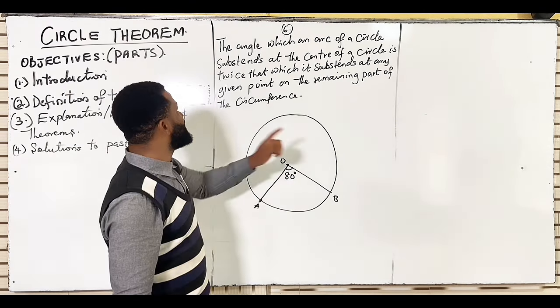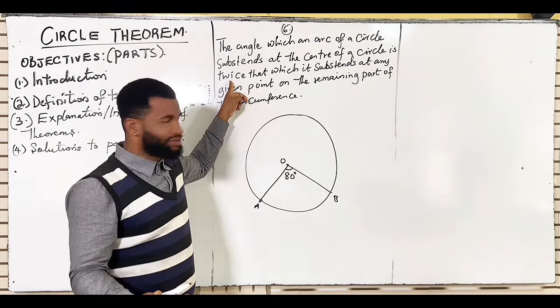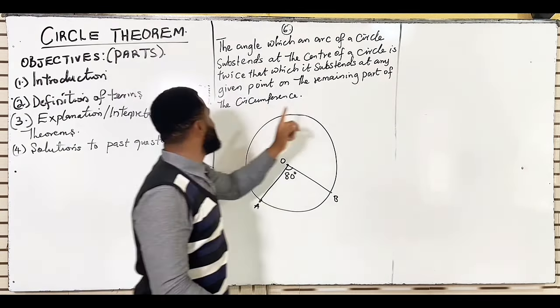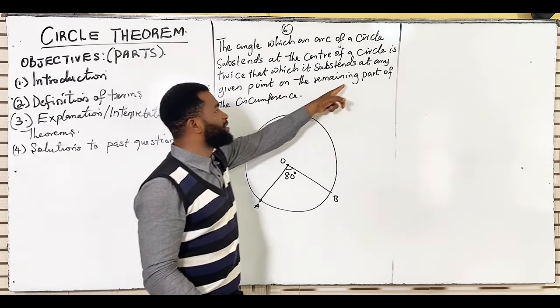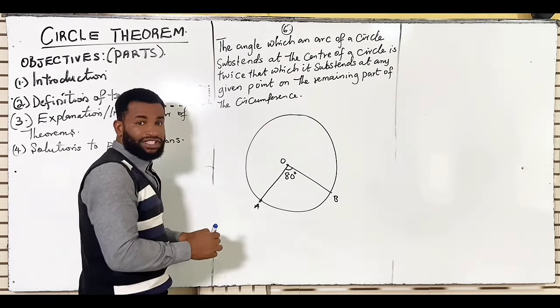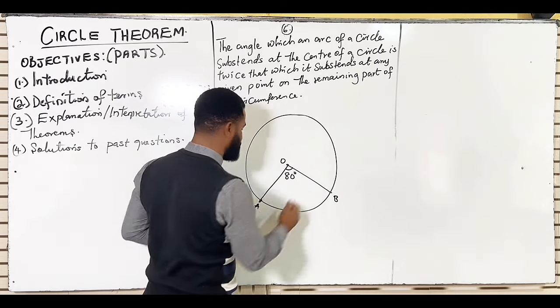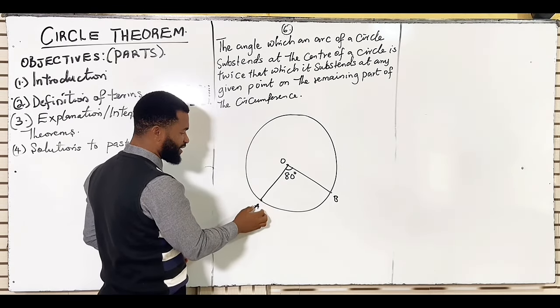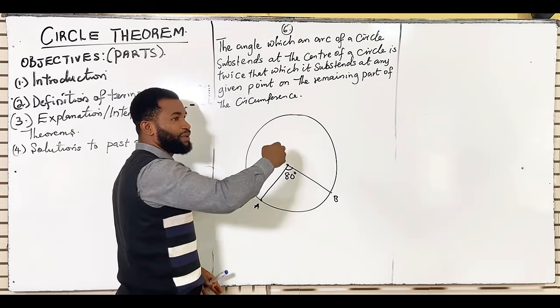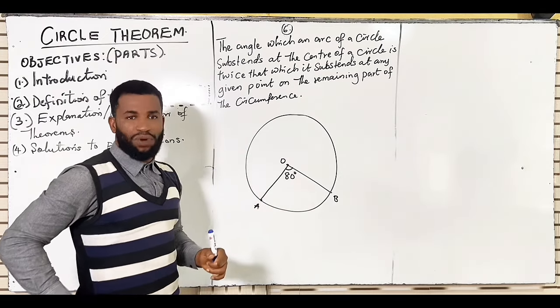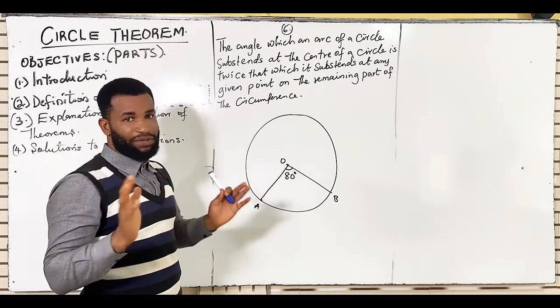It is 2 times that which it subtends at any given point on the remaining part of the circumference. The remaining part of the circumference means from this part all the way to this part. So if this arc subtends 80, it's going to subtend 2 times 80, which is 160, on the remaining part of the circumference.